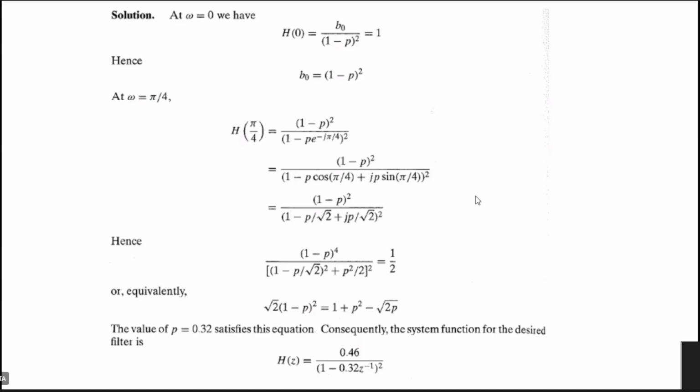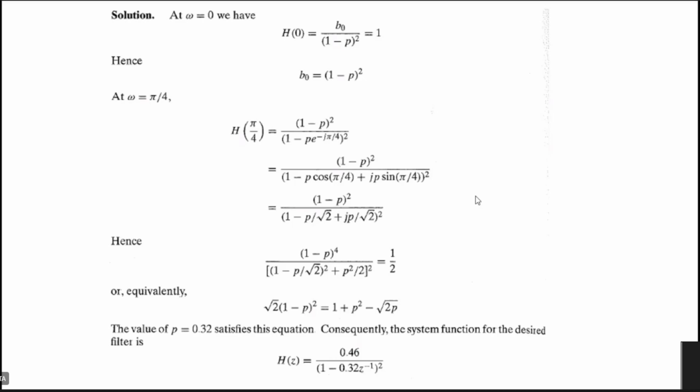plus 2 into (1 minus p by root 2) by p by root 2 into j. So you have to take the magnitude.